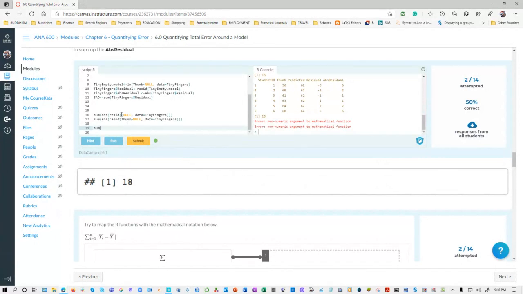Absolutely, this receipt of, we're going to take tiny empty dot model.